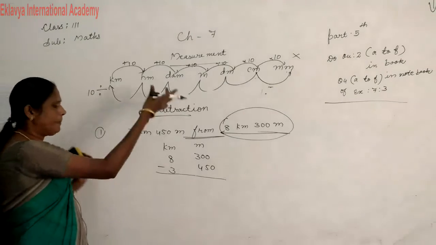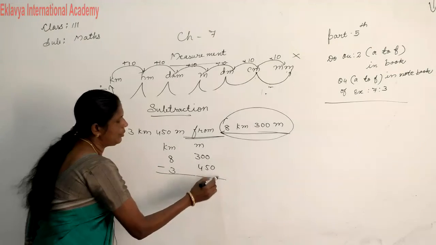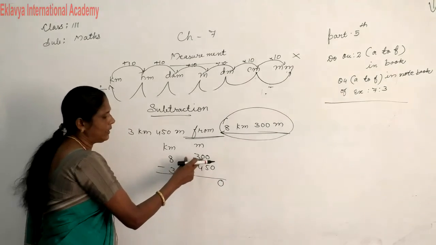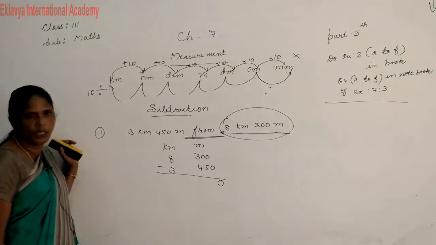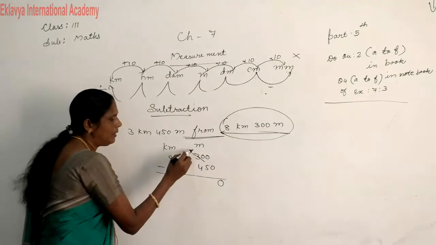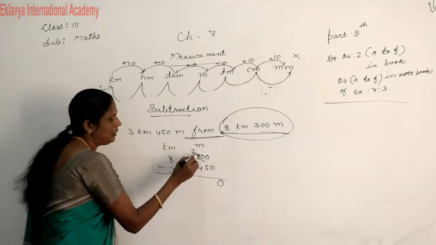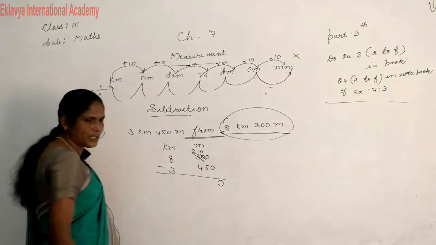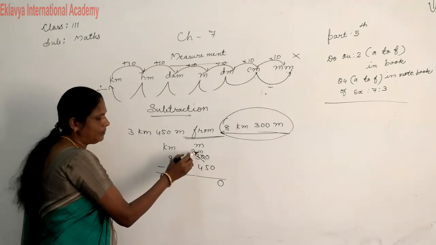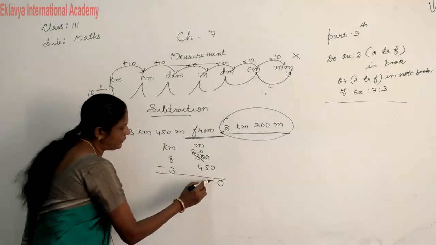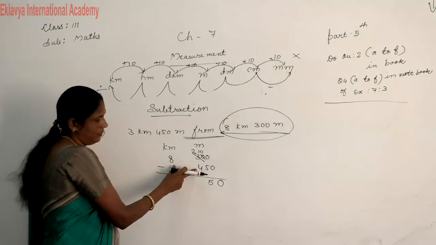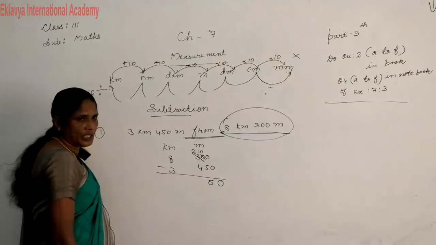Now subtract. 0 take away from 0, 0. 5 take away from 0, is this possible? No. We borrow from this number. This becomes 2, this becomes 10. Understand? Then 5 take away from 10, you get 5. Now our number 4. 4 take away from 2, is this possible?